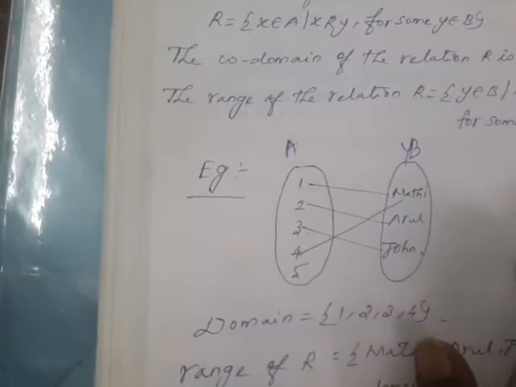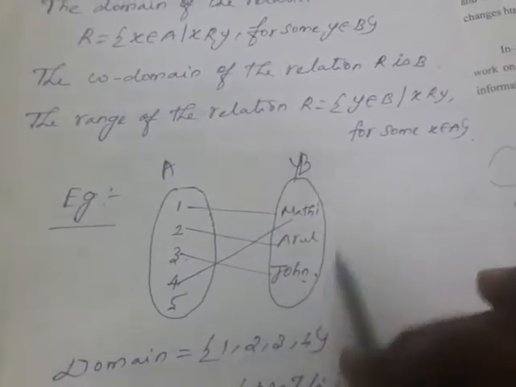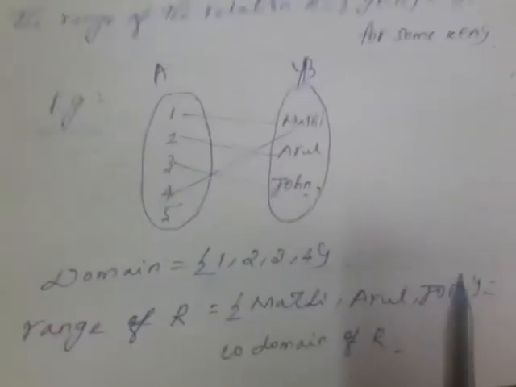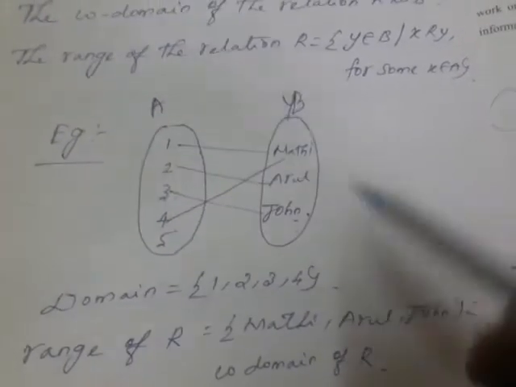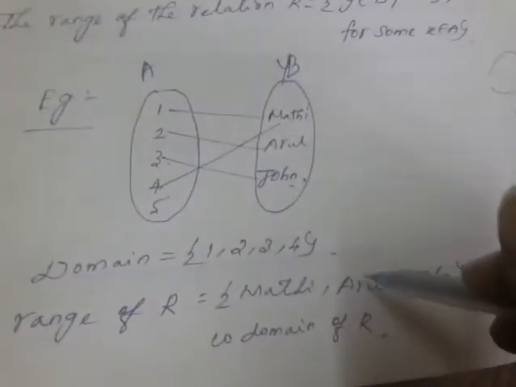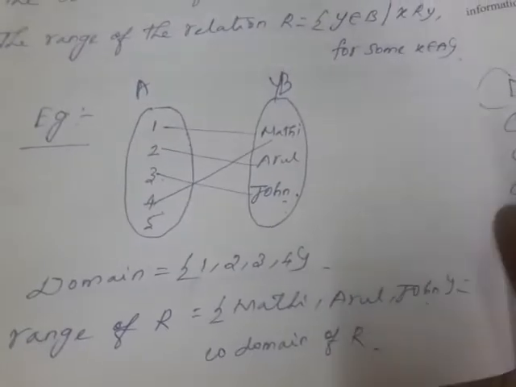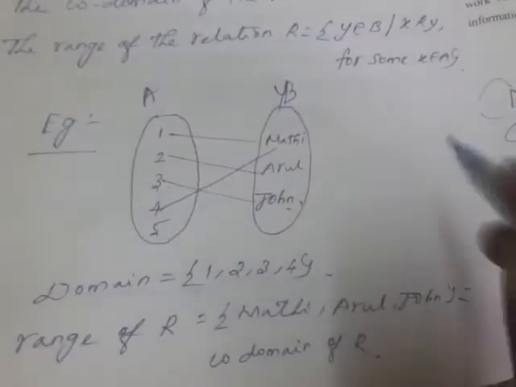Only 4 had a relation here, so 5 doesn't have a relation. The answers are Madhi, Arul, John, and only those are the range. So what is the codomain? Codomain and range are equal here, but only one difference.